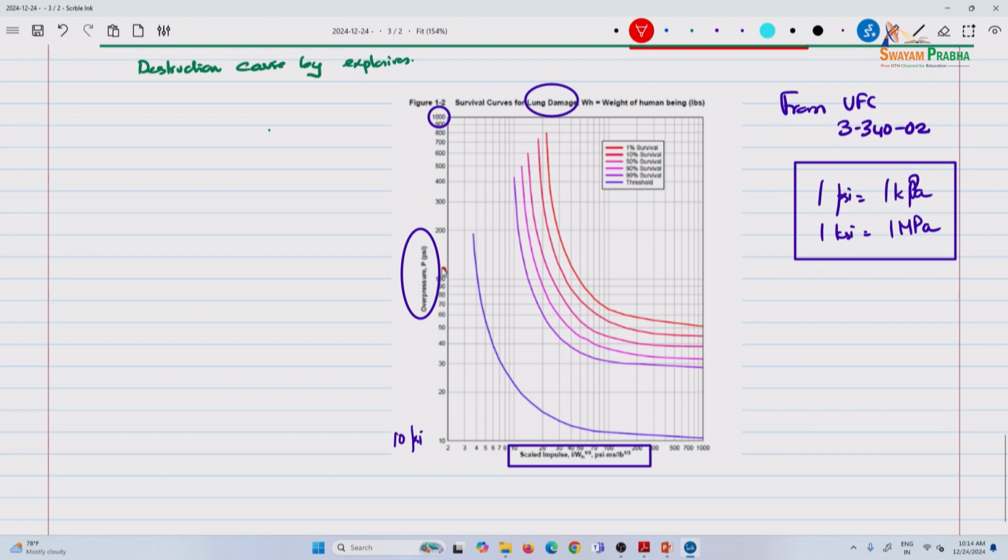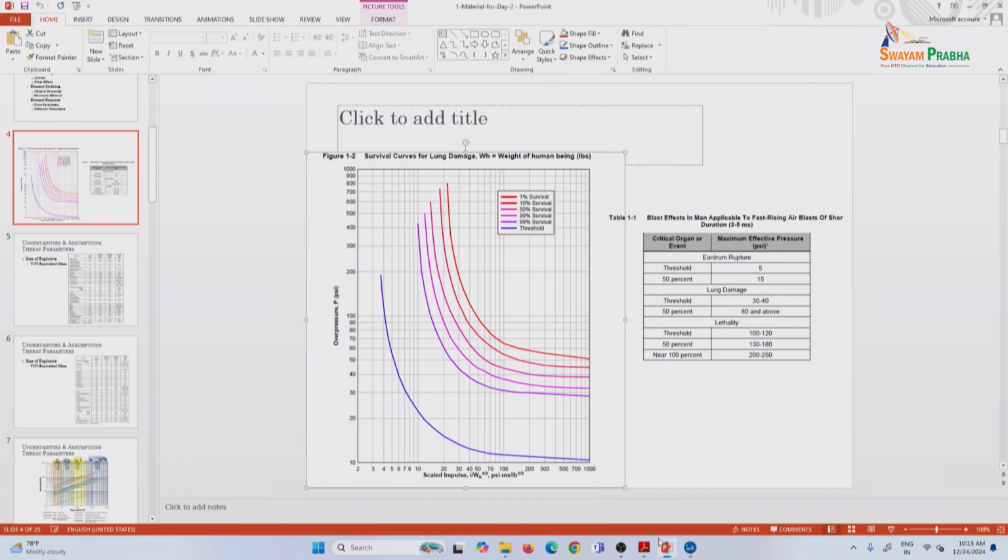Once you start getting into a 100 psi range, this itself is very high. So the 1%, this is the threshold curve, as you see, as the impulse keeps increasing. This is an increasing impulse. This is 1% survival. So there are curves like this that can estimate where the survival rates are.